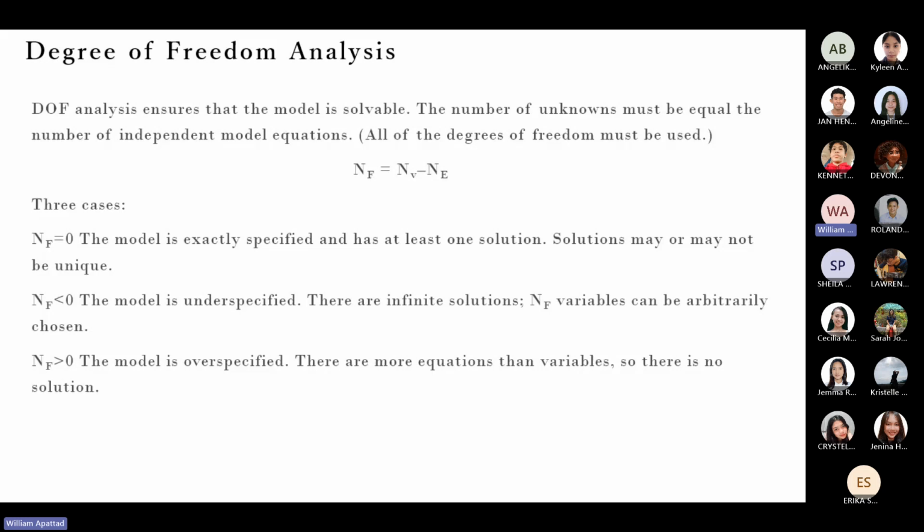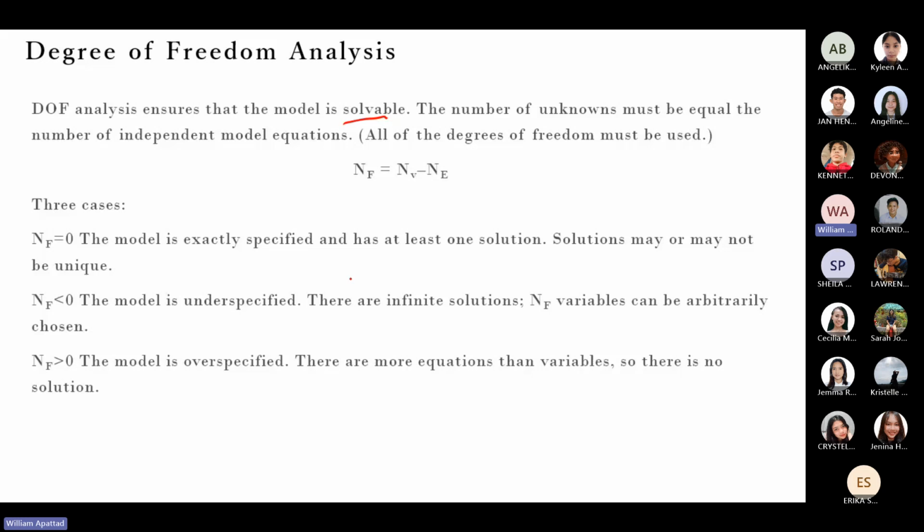The degree of freedom analysis ensures that the model is solvable. Okay. So, the number of unknowns must be equal to the number of independent model equations. So, ilan yung model equation natin kanina? We only have 2. So, ang gusto natin dapat is equal daw. Okay? Equal ang unknown sa number ng model equations.